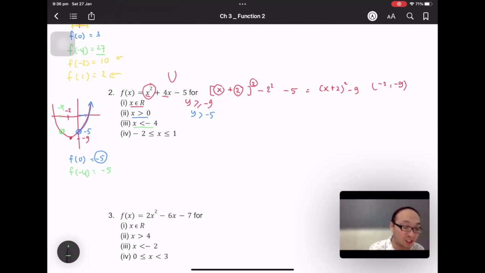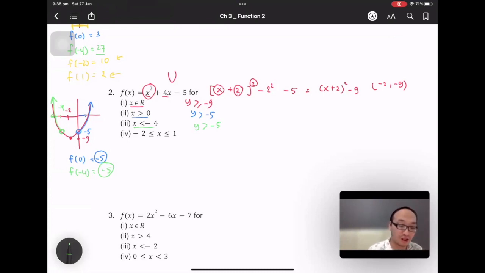Smaller than, so it's going to the left and the function will go up. So again, this is a 1-1 function. So we can just take the value for the range, and it's from negative 5 and above. So it's y greater than negative 5.